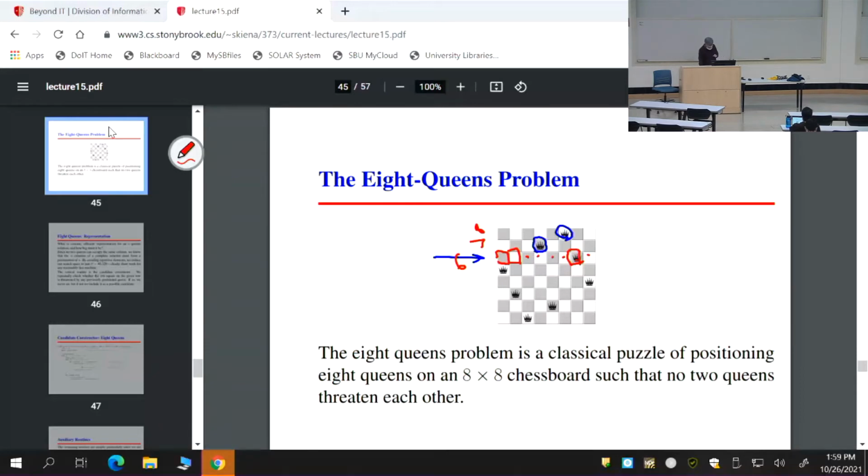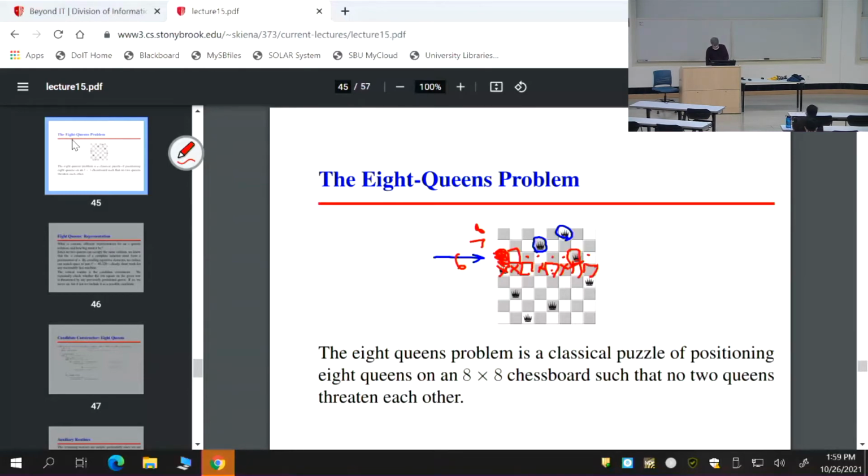Okay? And then once I put it down, let's say I decided to make this my queen. What choices do I have for the next spot if I put my queen in the first row? Not there, not there, here, not there, here. I guess I can put it here. No, yes, and yes. Okay? Any questions about that?